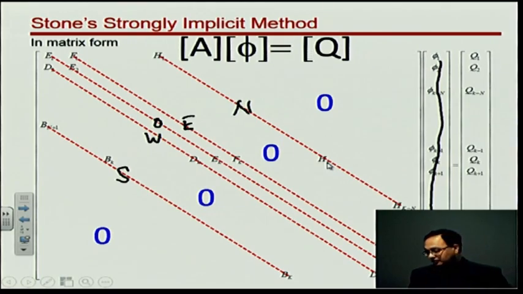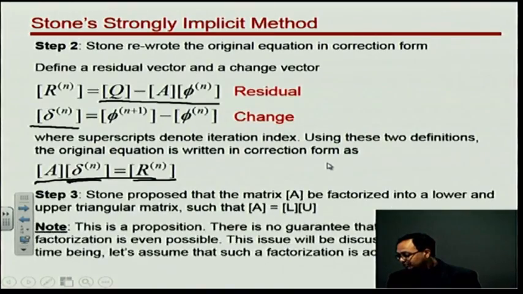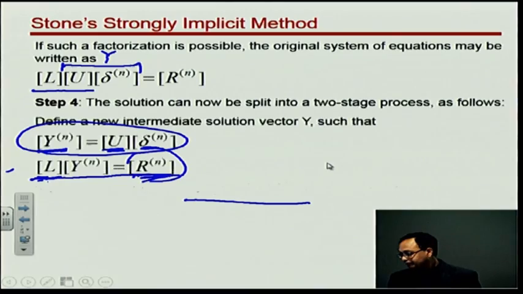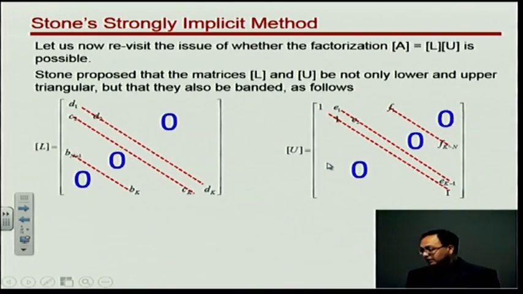These are all the coefficients of the original matrix, which he called capital B, D, E, F, and H. When we go to the L and U matrices, he denoted them by small letters: B, C, D, E, and F.